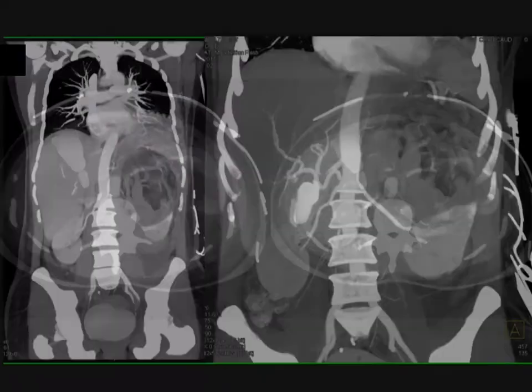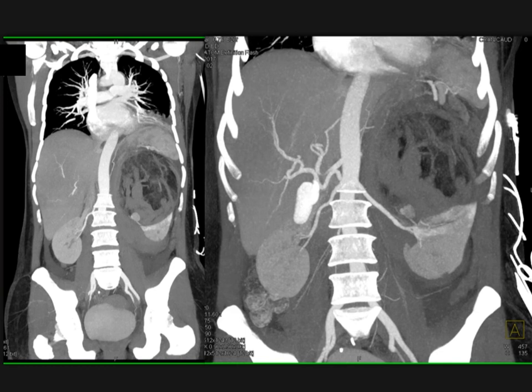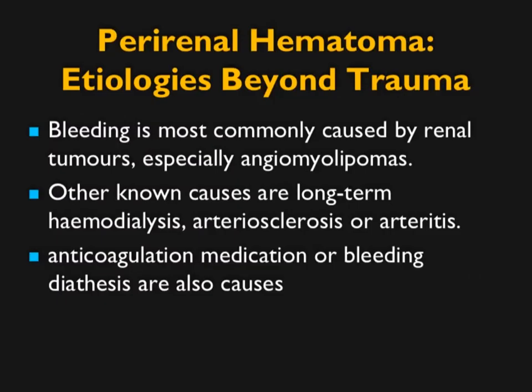But again, as I show you the MIP imaging, look at the big fatty component of the tumor. Look how there's blood intertwined within the fatty component, and how there's blood in the peri and pararenal space. Now, when you look at spontaneous renal bleeding, it can be due to other tumors, renal cell carcinoma, but you've got to think AML.